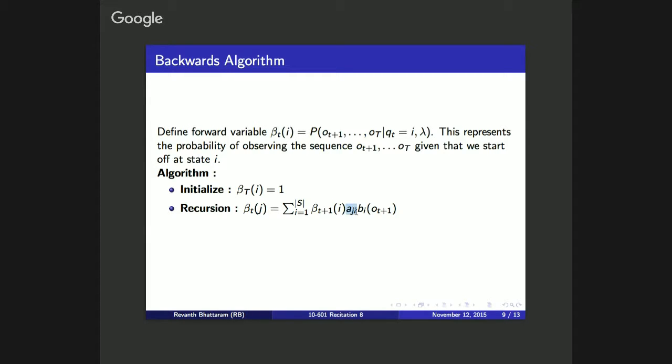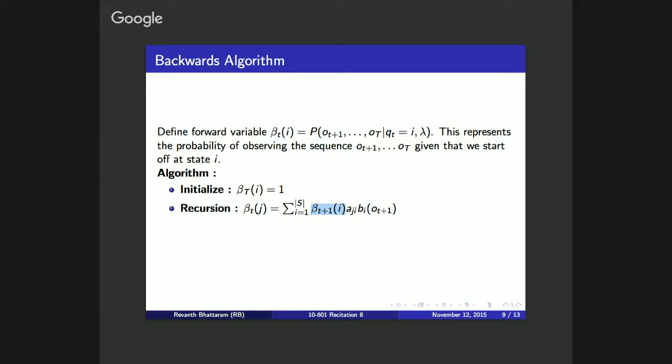We multiply the transition probability. What is the probability that I'm going to transition from my current state J to the next state I? And we multiply, let's say I do end up in I, what is the probability that I am going to observe OT plus 1? And then we multiply the backward variable in order to complete the recursion.